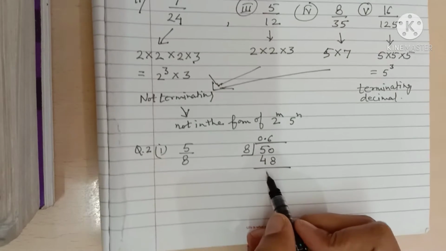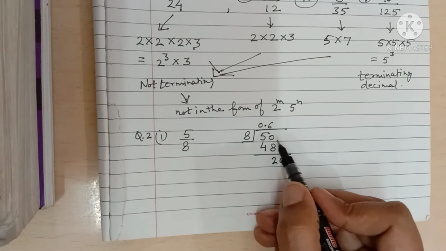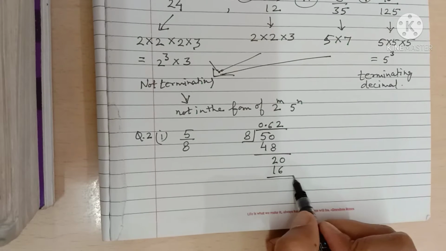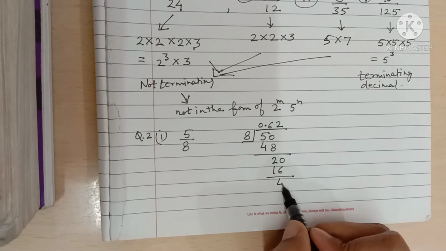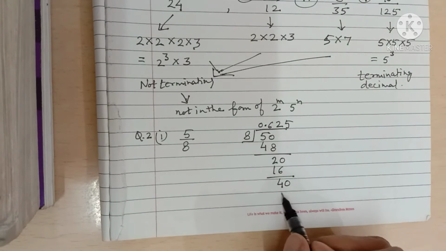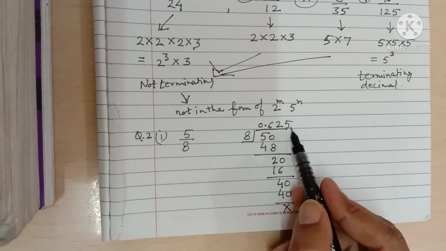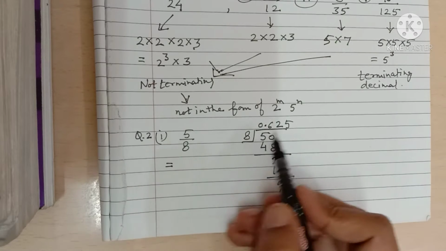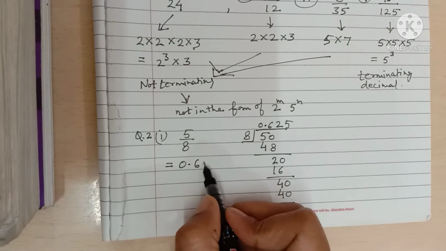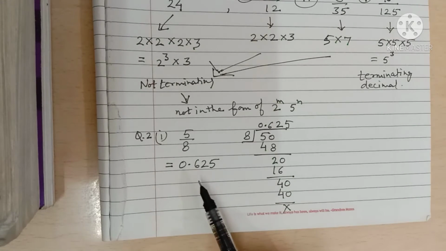Remainder is 2, put 0, 8 2s are 16, 4 remainder, put a 0, 8 5s are 40. Now this comes to an end, so this is a terminating decimal and it will be 0.625. This is in the decimal form.